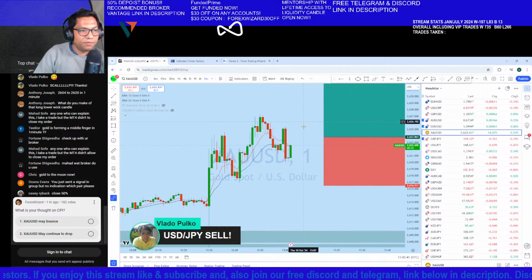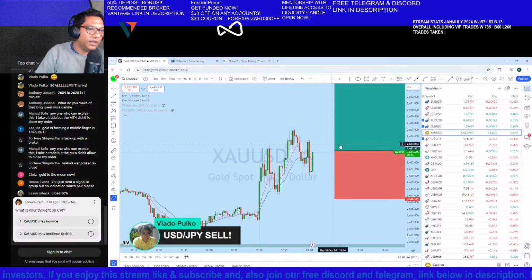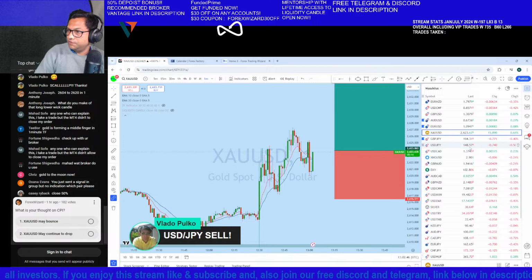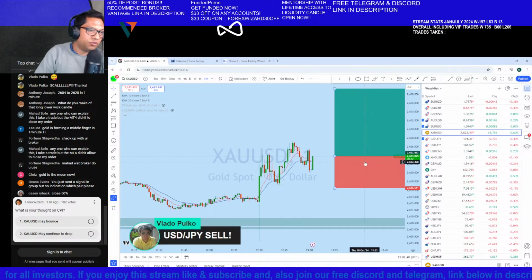Okay, with this doji, if the market manages to bounce again, then we might see a return to the upside with an uptrend.